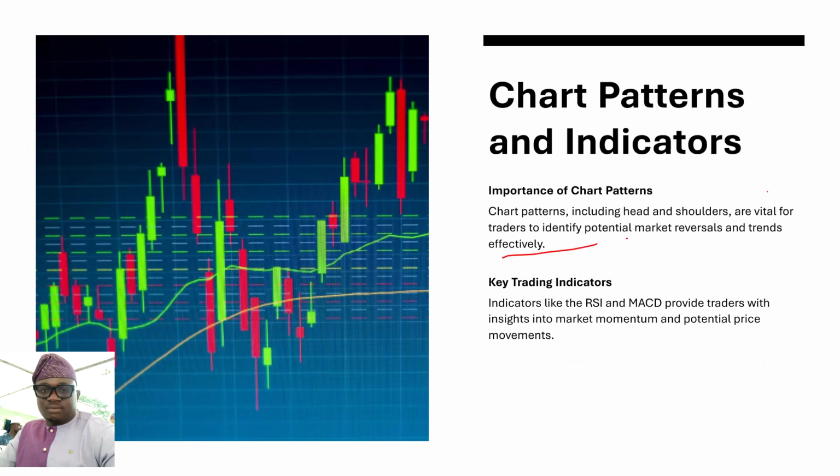All these are just to give you an overview. We are not really going deep into it, but these are part of the things that we do in forex trading, which is chart patterns and indicators. But most times, when you begin to move to the advanced level of things, you will notice what you will be studying.